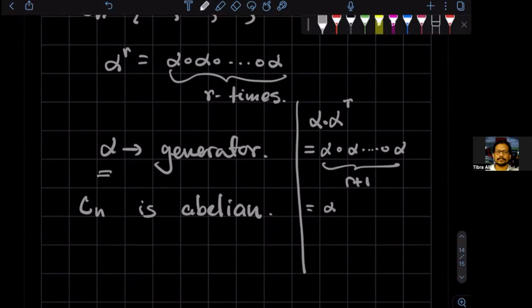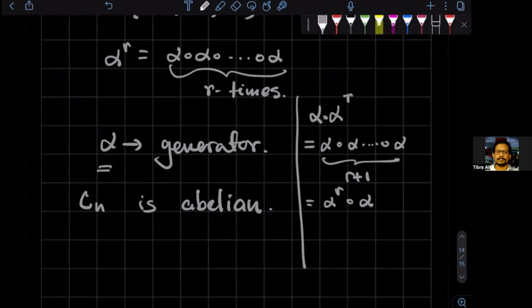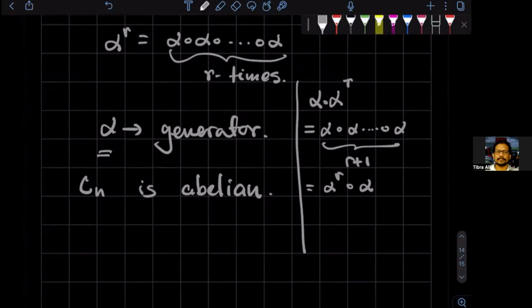And this is alpha to the power r times alpha, right? So that's what I would do. Thank you very much. We don't have an operation of adding or subtracting group elements. Very good. Very nice. Thank you.